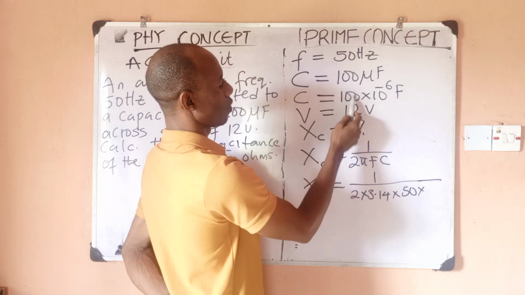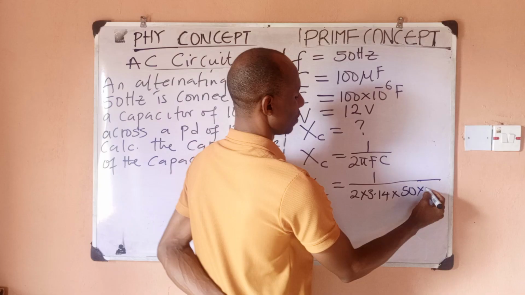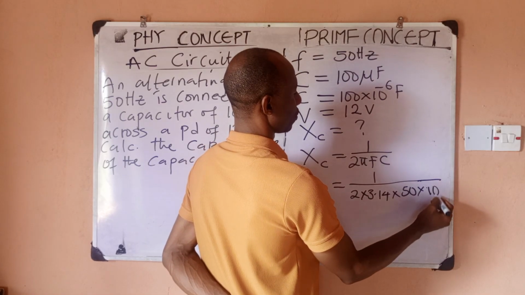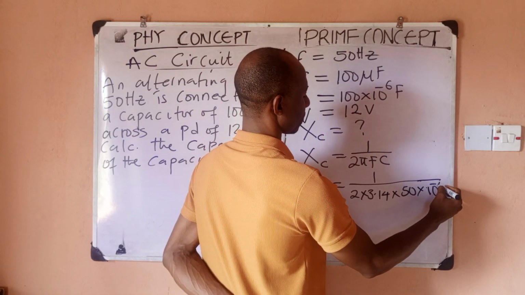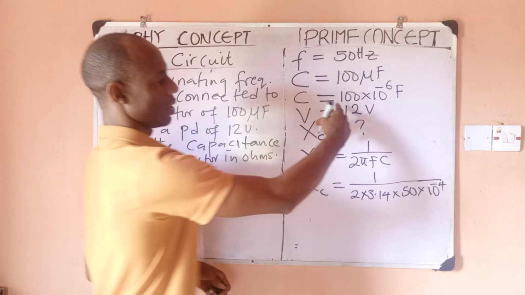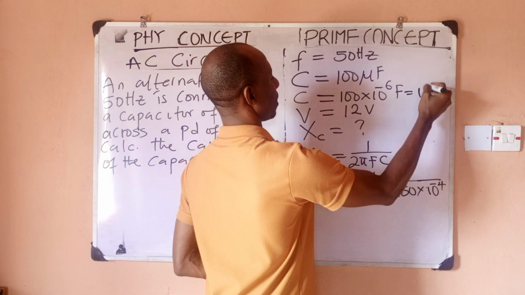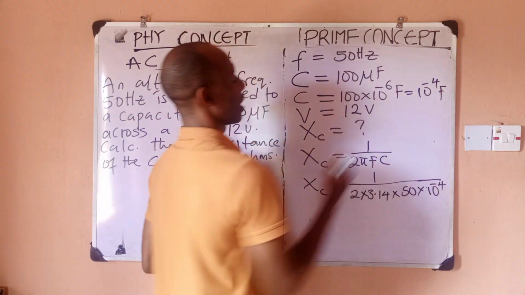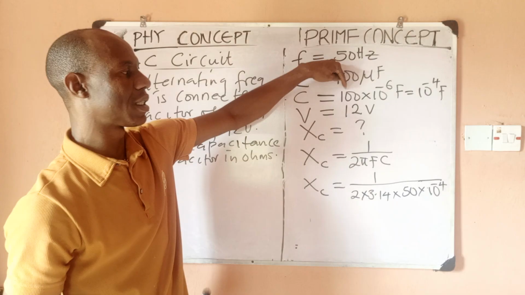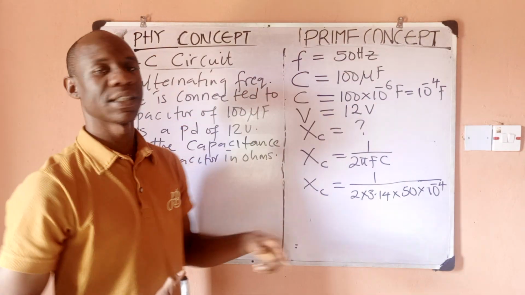This is going to be 10 to power minus 4 farad, right? Yeah, because 100 is 10 to power 2. 2 minus 6 is minus 4.